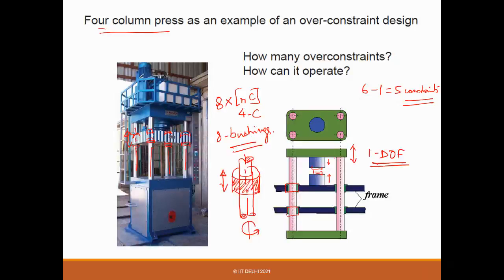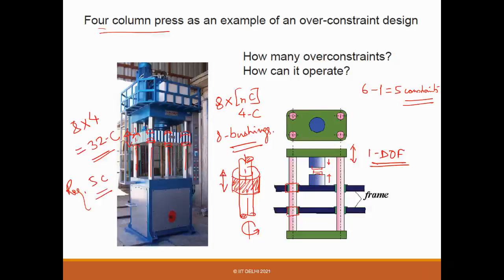So how many constraints? 8 times 4, 32 constraints you are putting. 32 here. What is the requirement? The requirement is only 5, right?